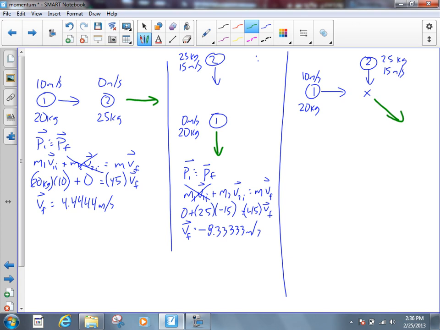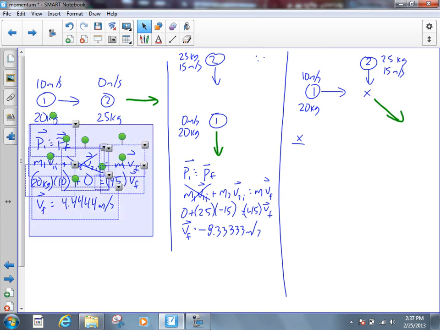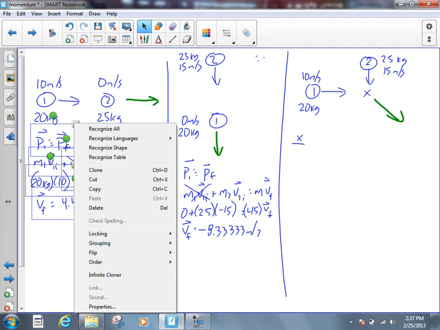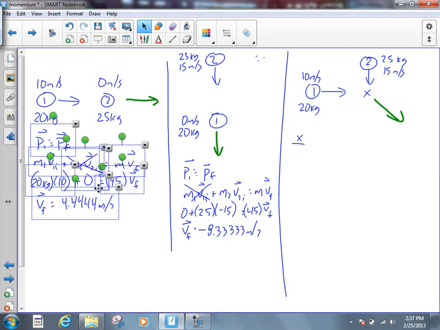Now what we're going to do with this is analyze it as two separate problems, an x problem and a y problem. What's neat about this is that the x problem is exactly the same as the first problem that we just did. In fact, it's not only close to being the same, it's exactly the same.